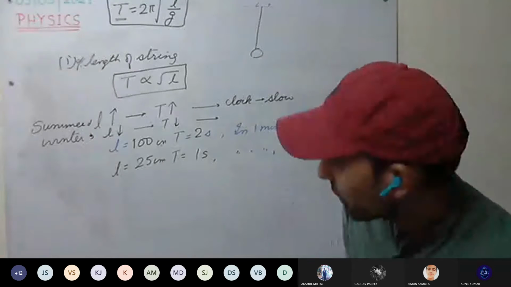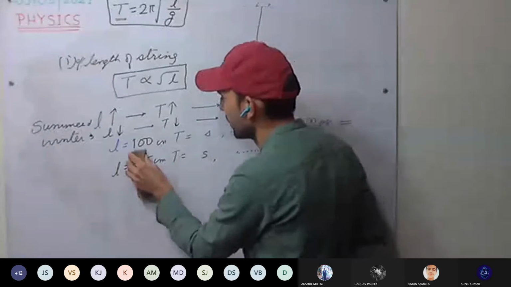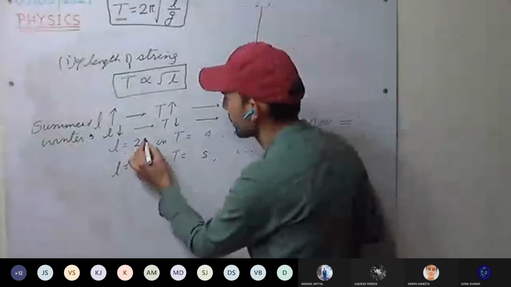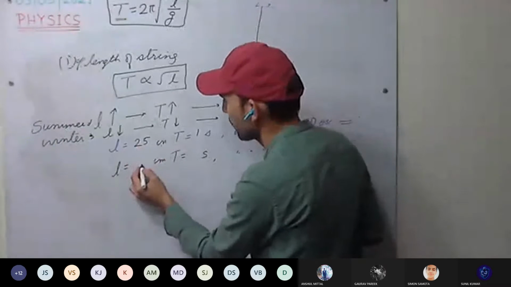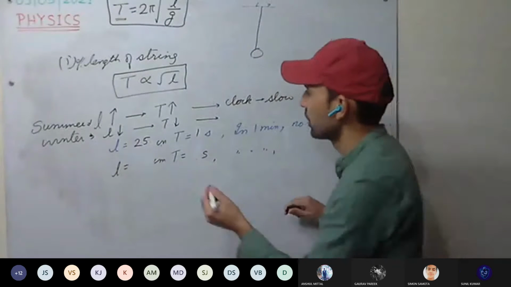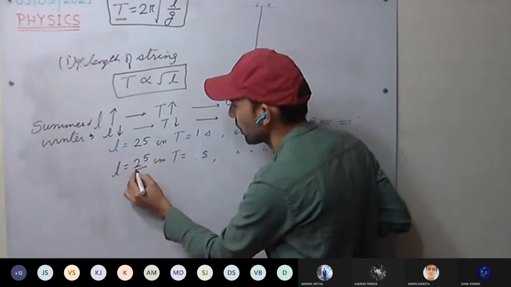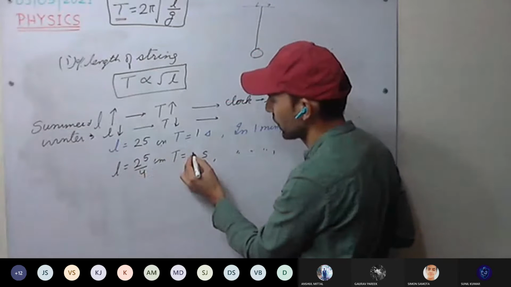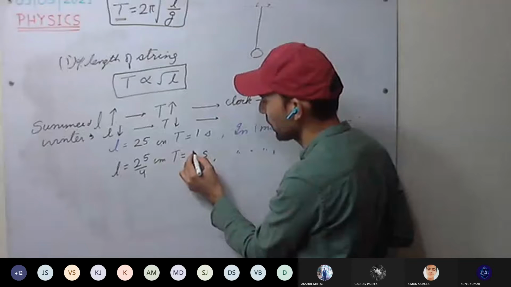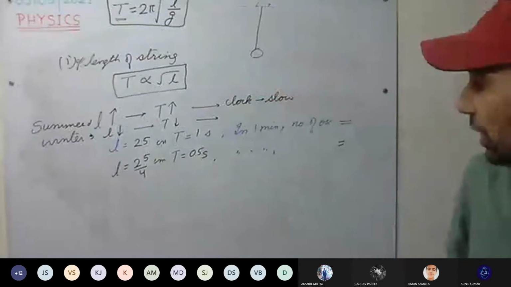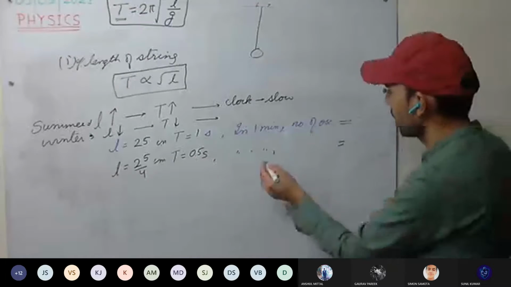Okay, it's 1 minute. We take different values. 25 centimeters, 1 second. I've reduced the length to 1/4. Will become how much? 0.5 seconds.